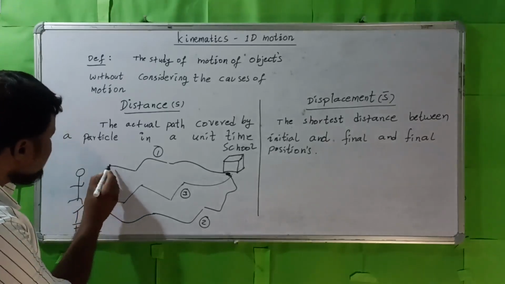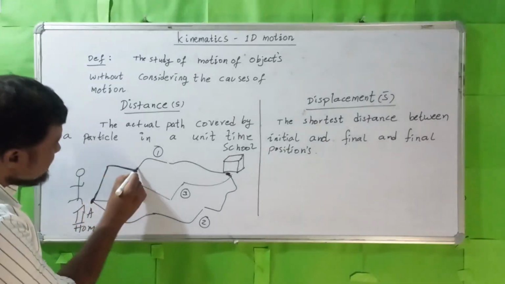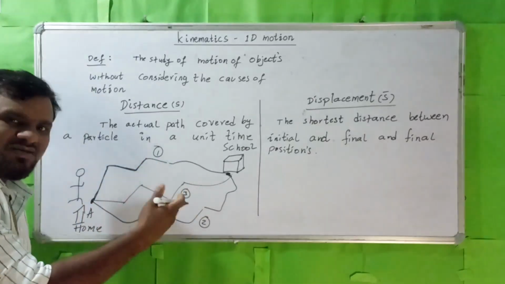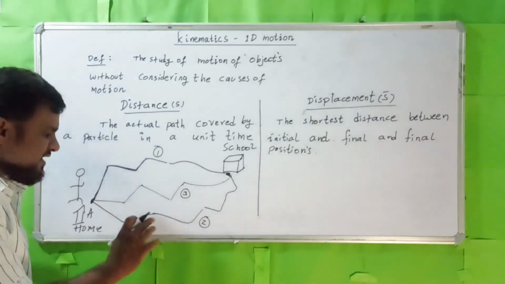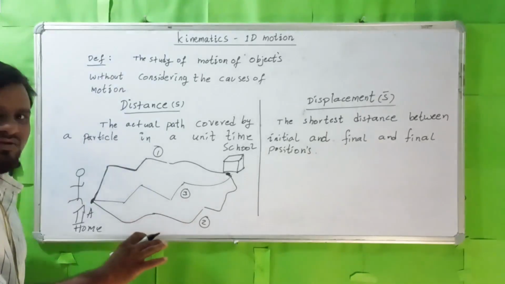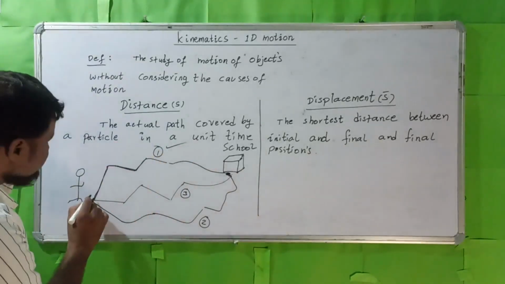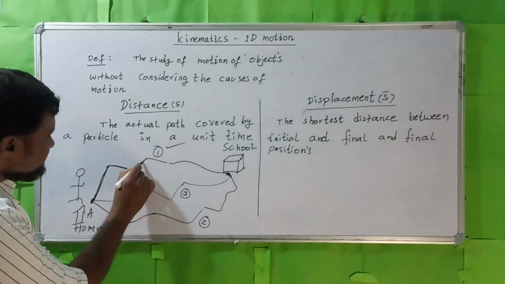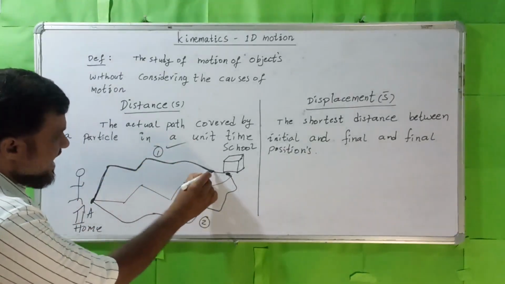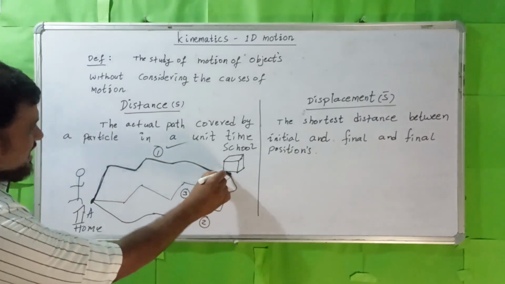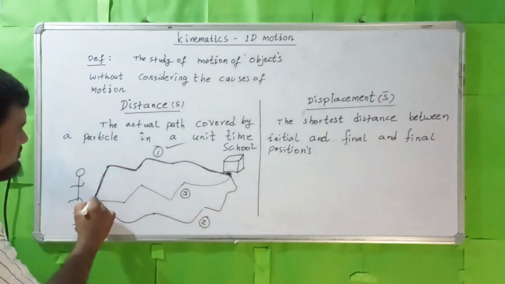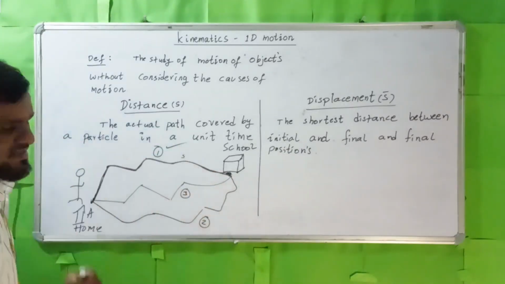This is the direction. He is taking a turn. So the direction does not remain the same. Different directions are there. But suppose he selects path 1, so this is the actual path. So this becomes distance S.